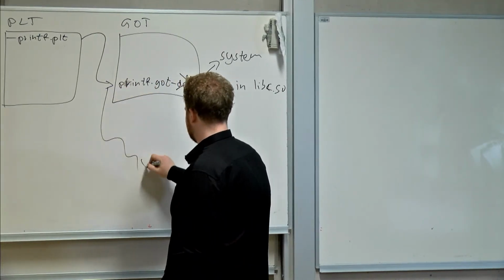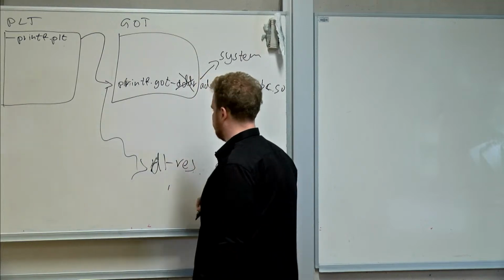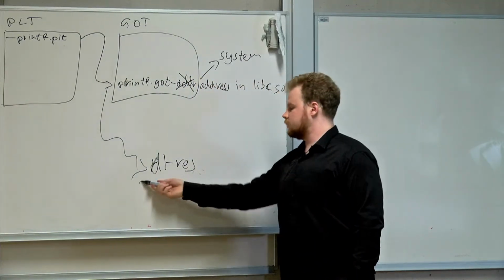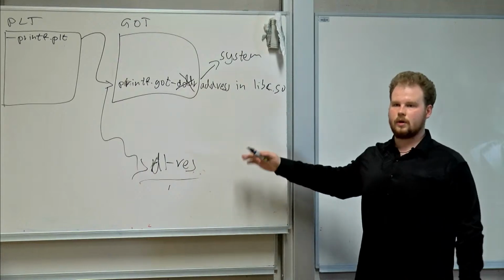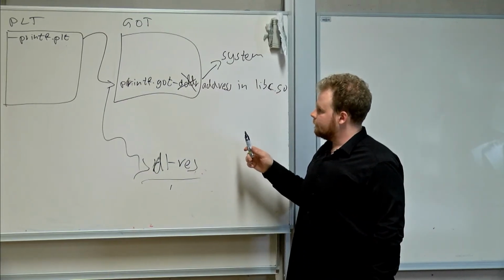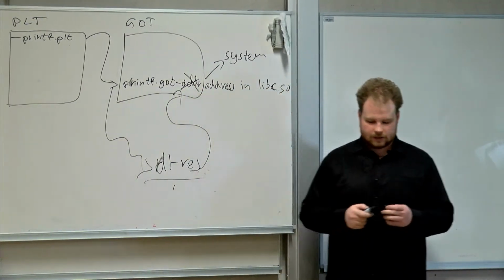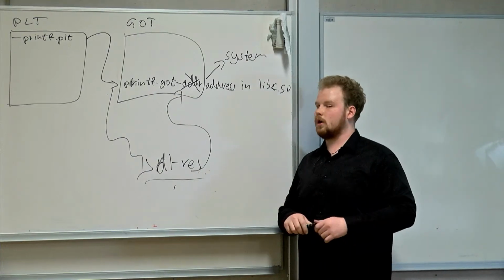DL resolve uses some structures, and if you can fake them correctly, which is not that easy to do, then this address gets tampered with, and you can make it resolve to whatever you want.